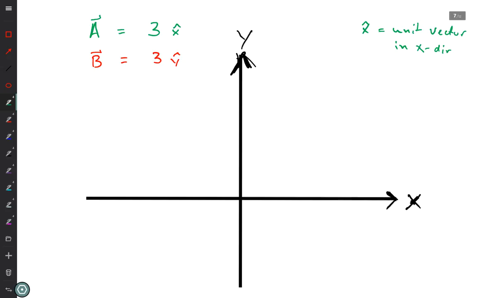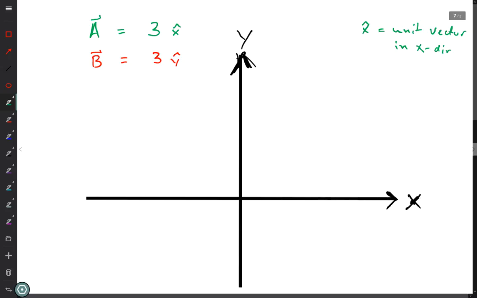We can't say it's positive going both directions. So only one of those is positive. And of course, a negative value is just the opposite of a positive value, so it's going to mean the opposite direction.